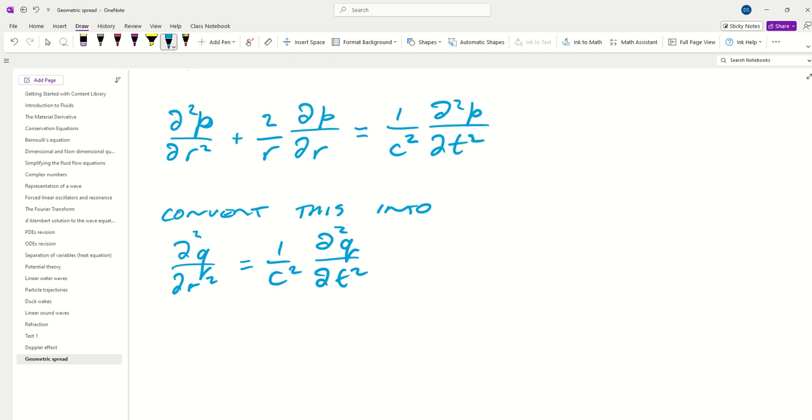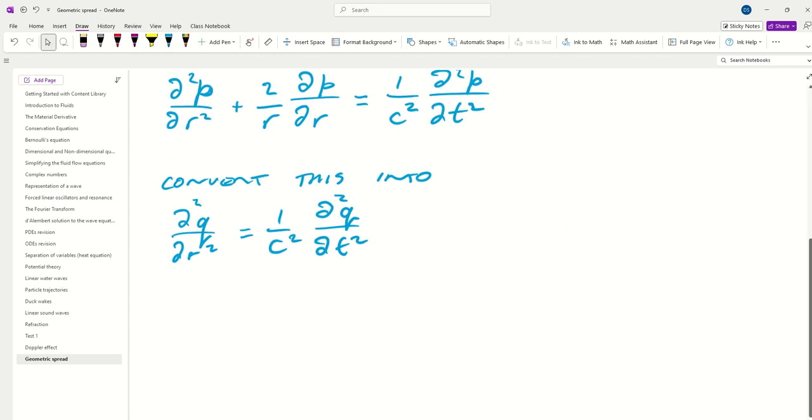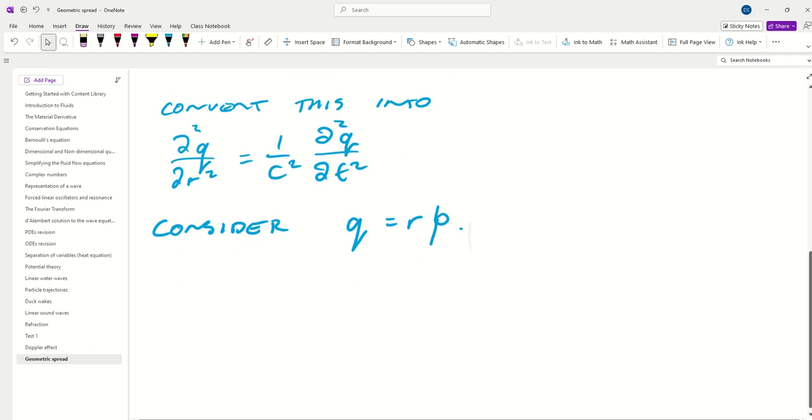Now, there are ways and means that you can do this in the forward direction, but since I know the transform, I'm going to spare you the pain of that. And just invite you to consider this variable here, r times p, so the radial coordinate times the pressure.